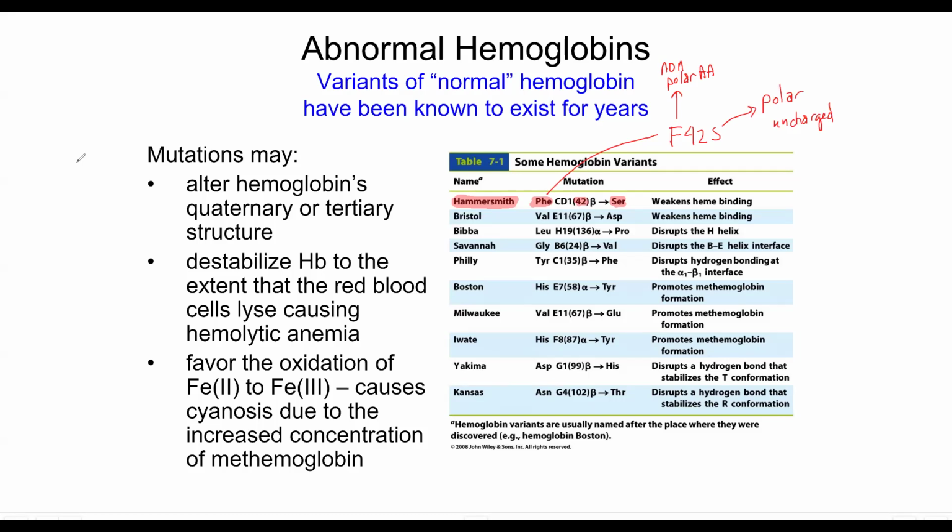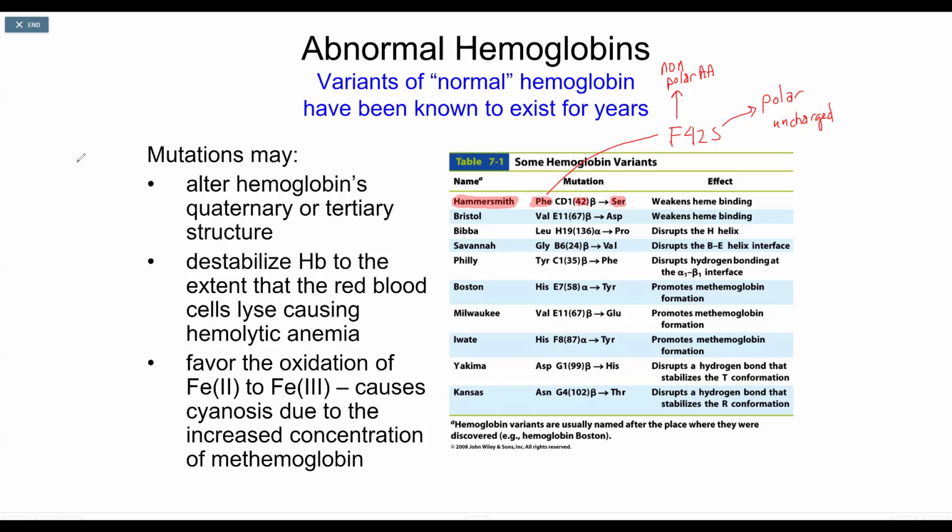If you've ever taken a genetics class, you've probably talked about conservative or non-conservative mutations and the implications of a mutation. Here we have an example of a non-conserved mutation, because phenylalanine is a nonpolar residue compared to a polar uncharged residue.